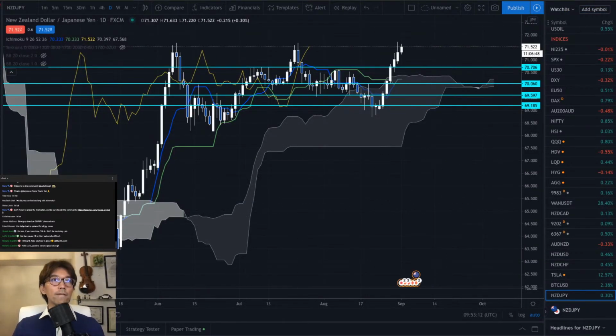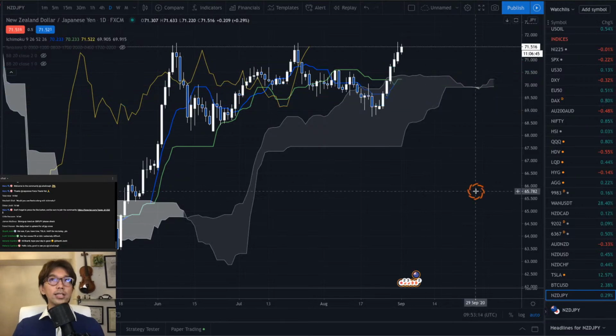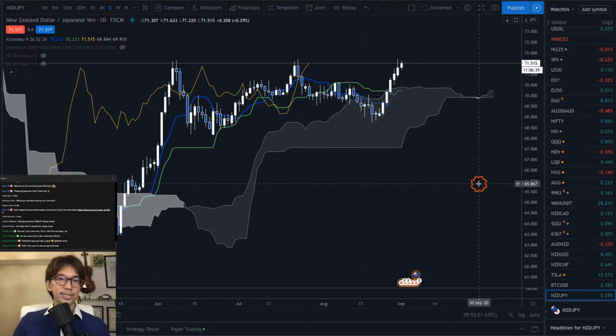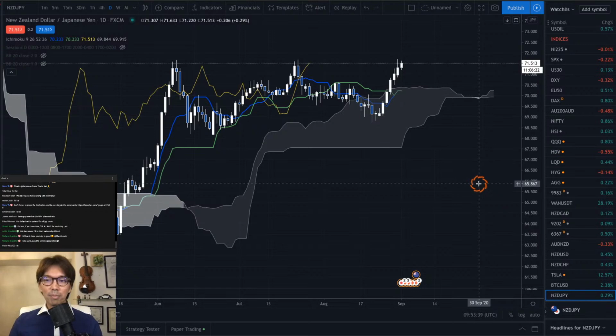Okay, so New Zealand JPY daily chart. Okay, so this is kind of interesting. And what wave do you think this is now? Let me just ask you a question. So this is N wave, I wave, V wave. Which one do you think it is? I think this is a good example to ask.